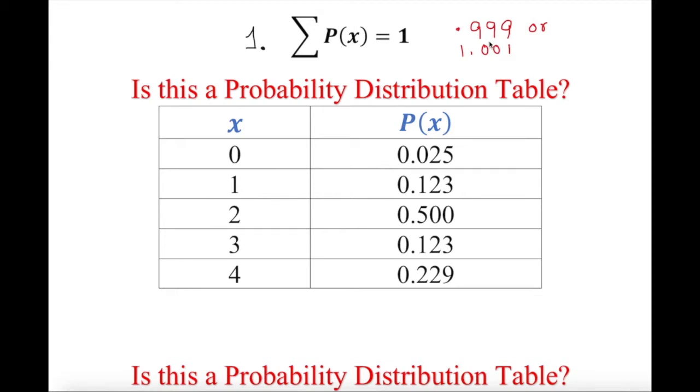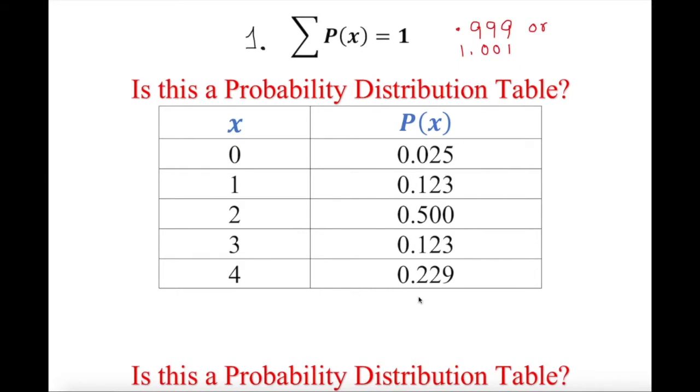You can conclude that this is a probability distribution if the sum is either 1, that is the safest one, or if you come up with 0.999 or 1.001, still it is going to be a probability distribution. Again, always keep in mind that the probability is always between 0 and 1 inclusive.